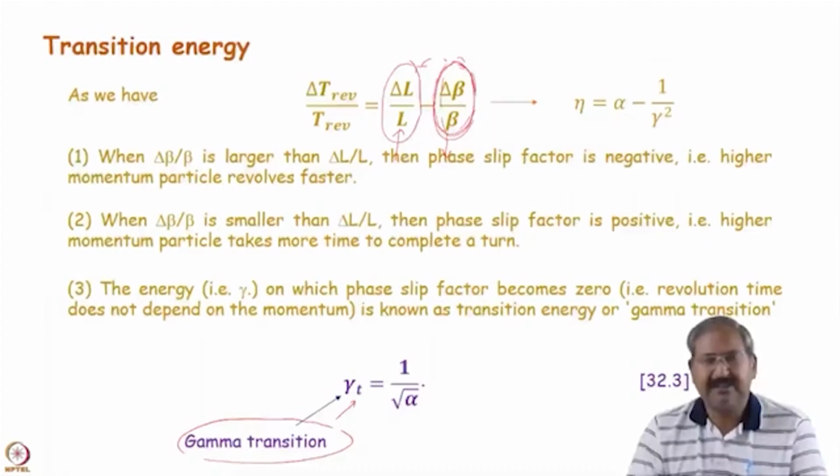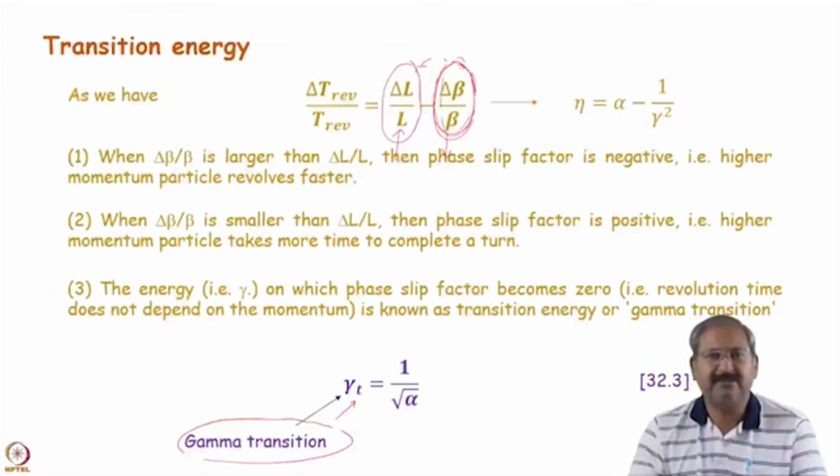If the machine is operating at gamma transition, then the revolution time becomes independent of the momentum. Whatever the momentum, even a particle deviated in momentum has the same revolution time as the on-momentum particle. This is the isochronous mode of the machine.